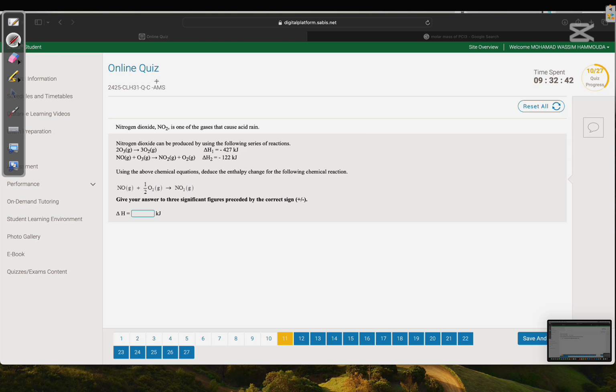Okay, so 1.5 O2 will give O3, right? And so we do negative 427 divided by 2 as well, since we divide the whole equation by 2, even the energy, which will give us negative 213.5.